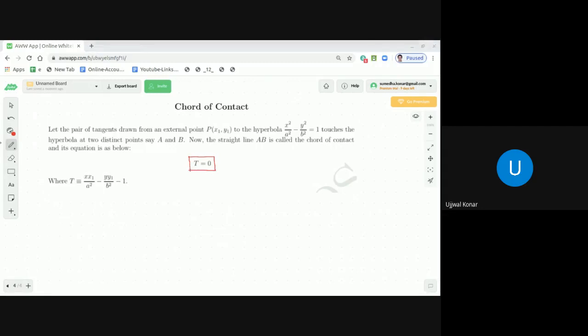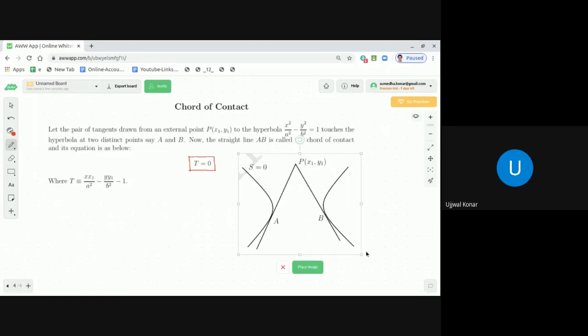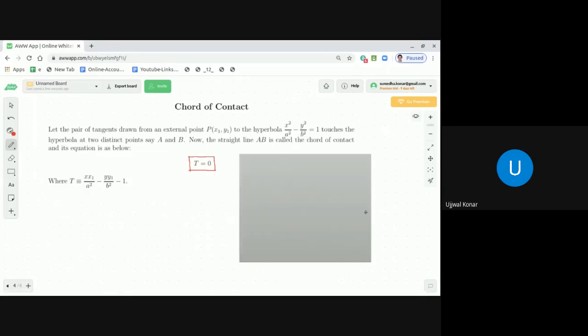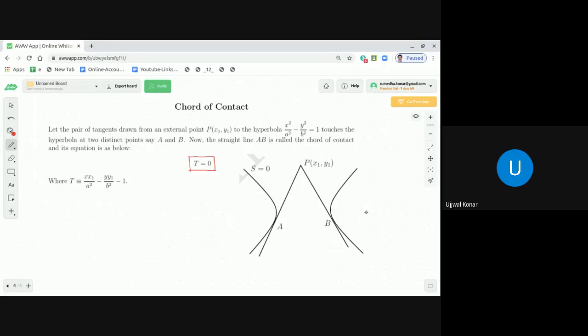If you recall the previous topic, in this diagram, from an external point you are drawing two tangents to this hyperbola. And it touches the hyperbola at two distinct points, A and B. Now the straight line AB is called the chord of contact.